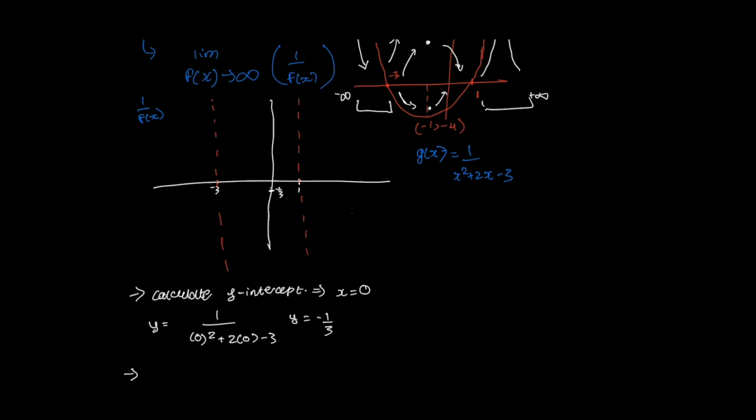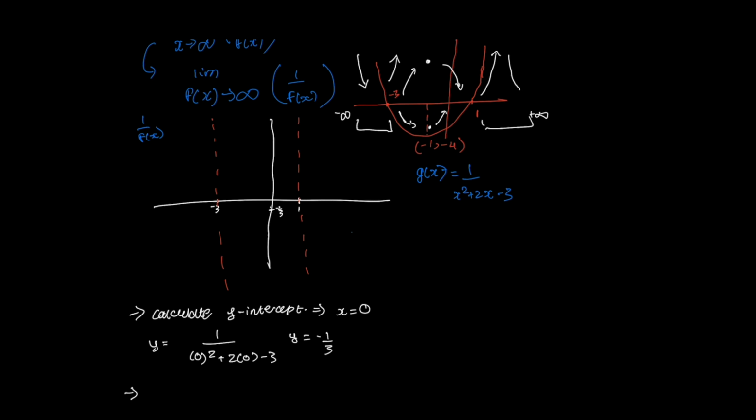So how would the graph actually look? Let's begin sketching. First let's look at the region between x is equal to negative infinity and x is equal to minus 3. Since we know that the graph is decreasing, here the graph has to be increasing, and we know that there are two asymptotes, the horizontal asymptote at y is equal to 0 and the vertical asymptote at x is equal to negative 3.